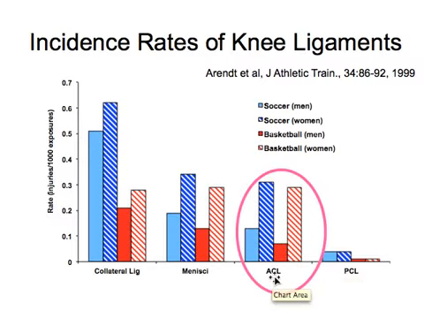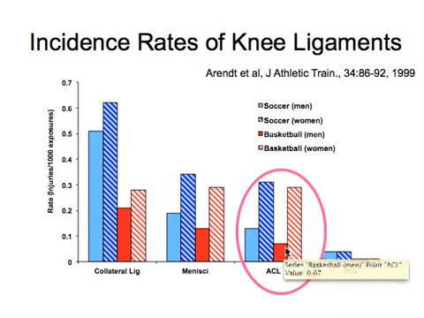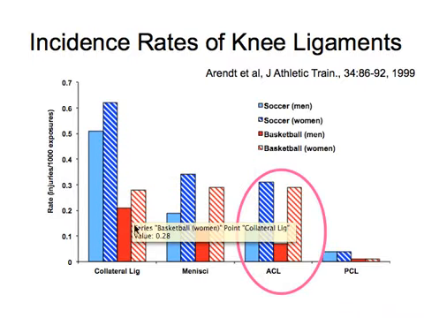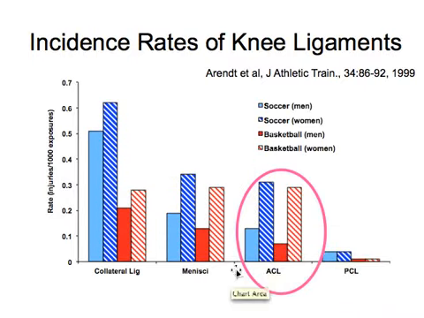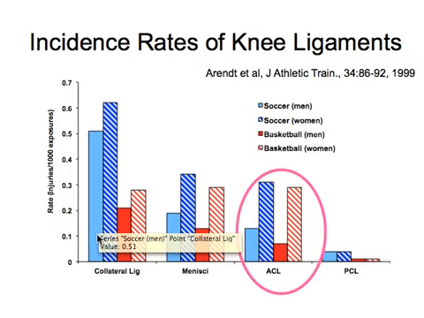Then we have ACL injuries here, and PCL is the least common. We can see, though, that the gender distinctions are most prominent with the ACL and menisci. And the sports differences are really marked for the collateral ligaments. They're much more common in soccer than in basketball.